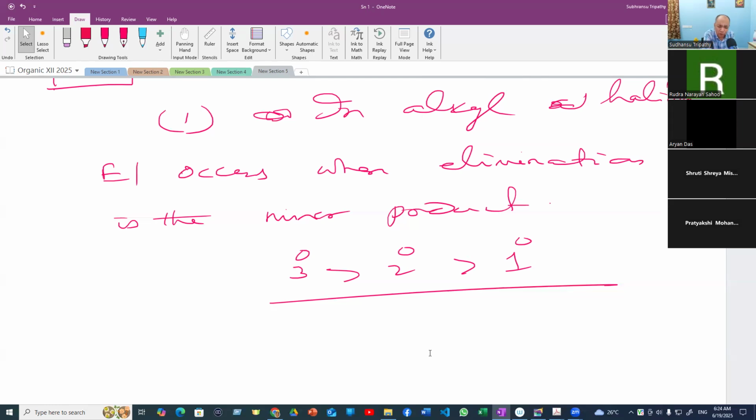Sometimes I miss out some word, just like the Hofmann term I was missing in preparation of amines from alkyl halides. Ammonolysis of alkyl halides is called Hofmann ammonolysis. The term is sometimes missing in many texts.